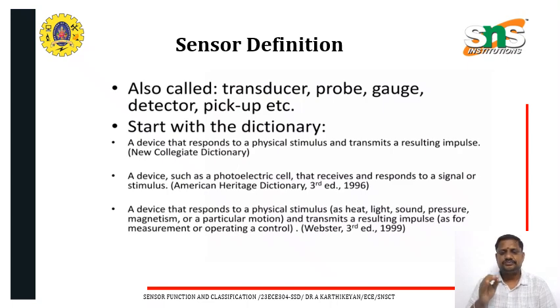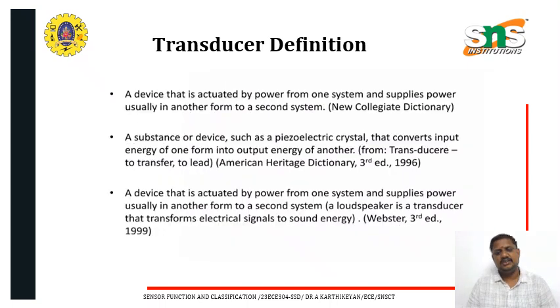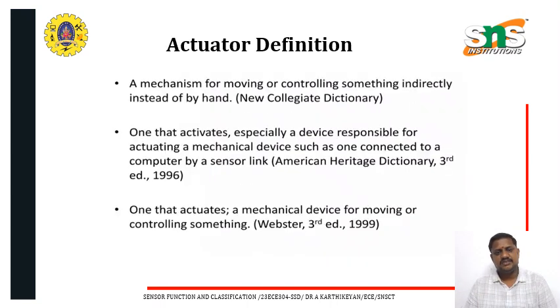And also, the American Heritage Dictionary of 1996 defined it as a device, and in 1999 they produced a second development: a device that responds to a physical stimulus, which may be light, sound, pressure, temperature, magnetism, whatever it may be. In 1999 they developed other methodologies. The transducer mainly converts one form of energy into another form. That is the main function of the transducer.